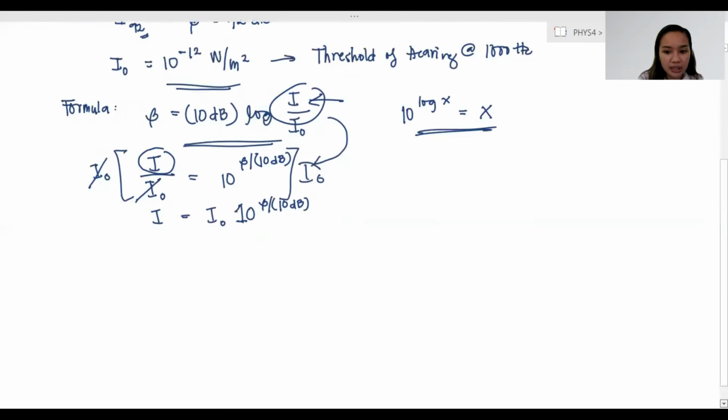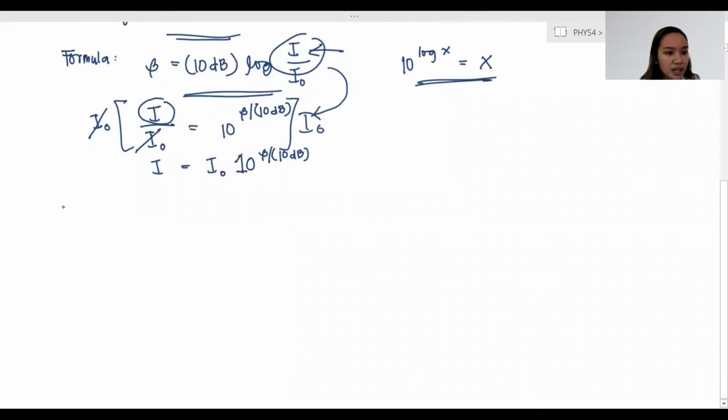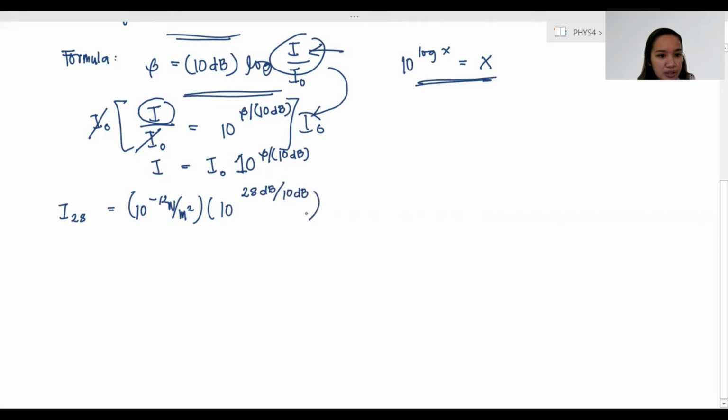So the next step is for I28, this is for the 28 decibels. Our I naught is 10 raised to negative 12 watts per meter squared, okay, times 10 raised to our beta, that is 28 decibels divided by 10 decibels.